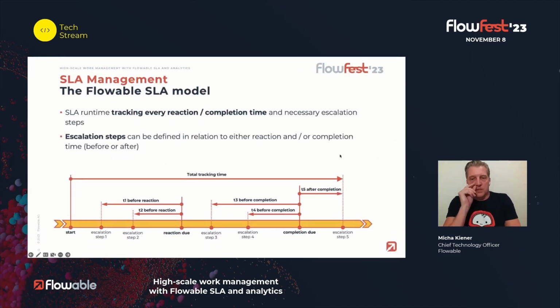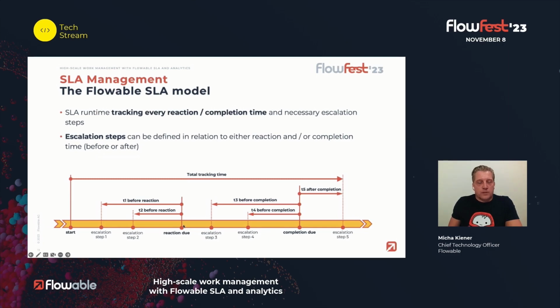So when we look at those escalation steps in a graphical way, on a timeline, let's look at the timeline again. When we start a work item which has an attached SLA model, that's where all the initialization happens, like we saw in the initialization phase. Priorities being set, assignee of the work item is set. And then that's where the whole tracking actually starts. Now, we have one or two due times that we can track. So reaction time and completion time.